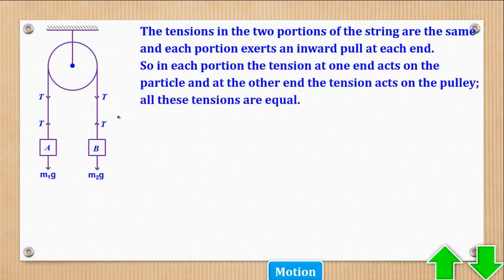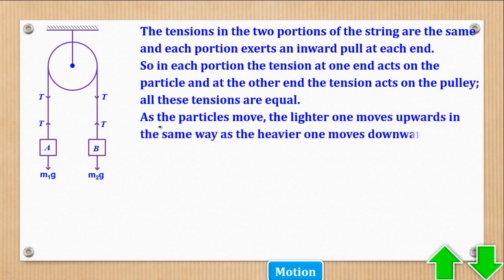So in each portion of the string, the tension at one end acts on the particle, and at the other end the tension acts on the pulley, and all these tensions are equal. So all of them are equal. And this one acts on the pulley, this one acts on the particle, this one acts on the pulley, this one acts on the particle.